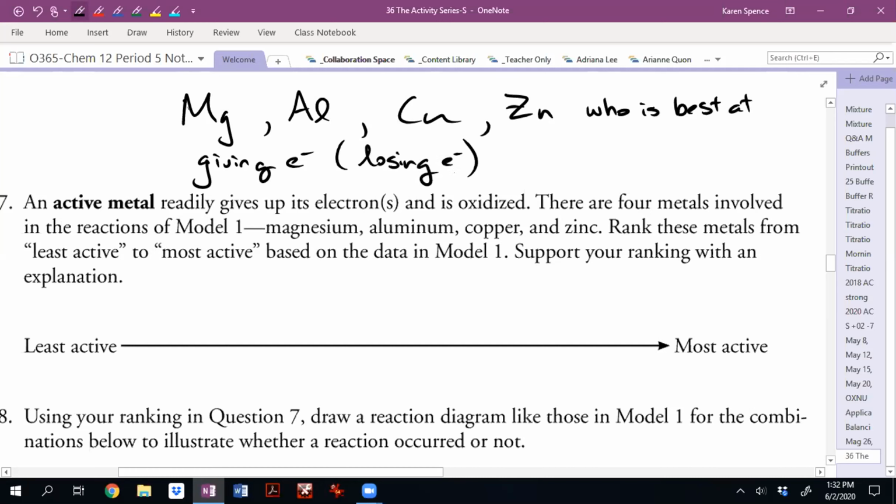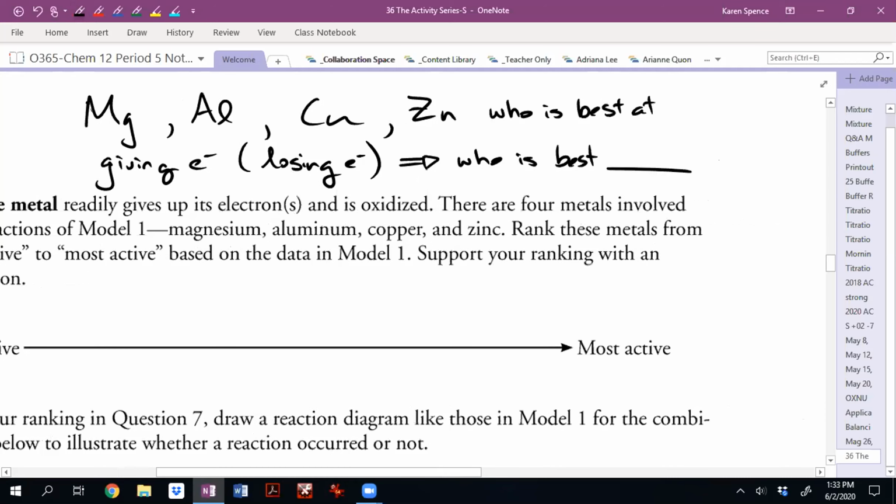Which means that these guys here would all be what kind of agents? Yeah, these guys are going to be, who is the best at giving electrons, who's the best at losing electrons.